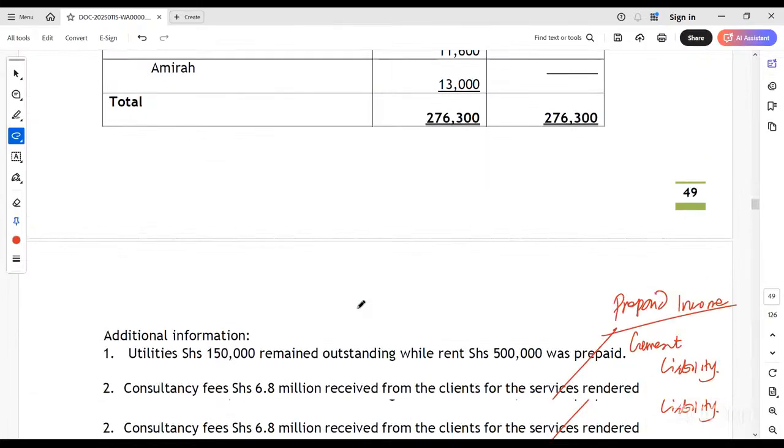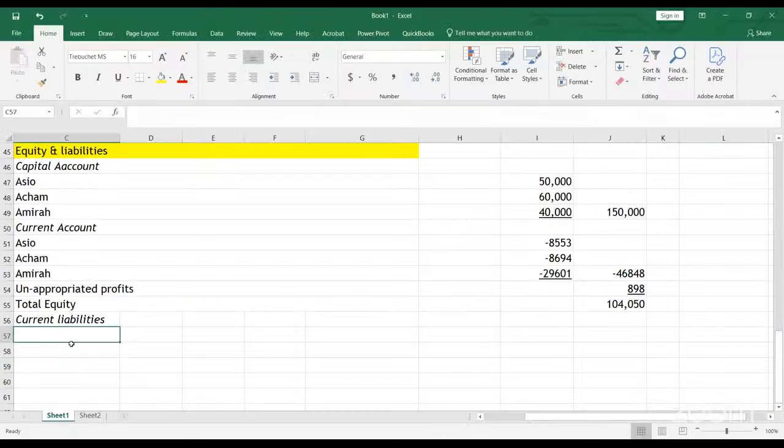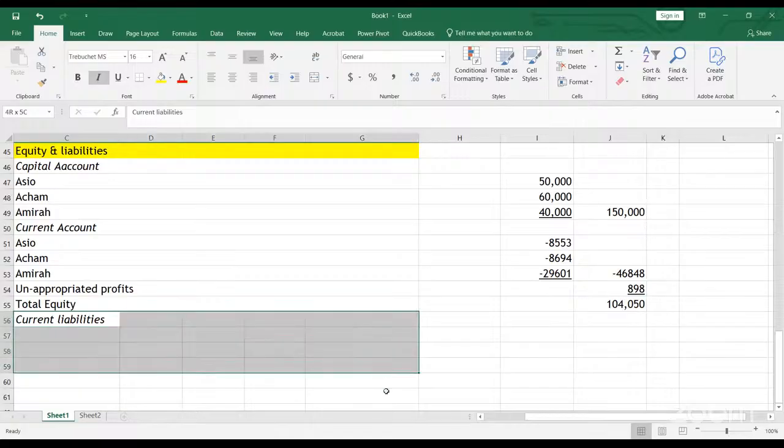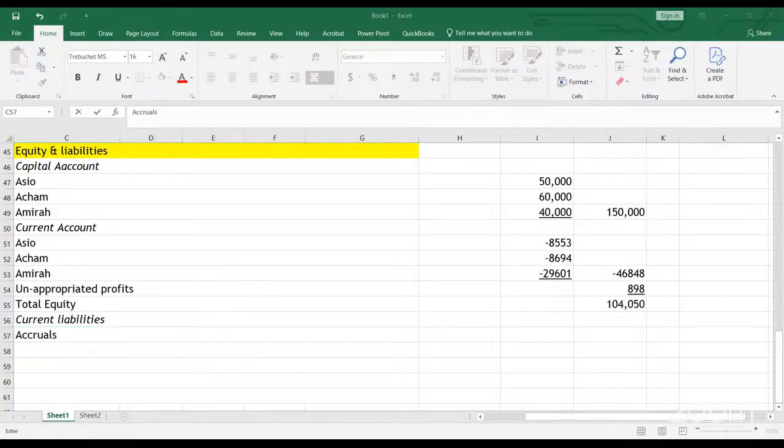First of all, we have the accrued expenses. Let me first put the utilities. We have some accruals, some accrued expenses, and those are current liabilities. So accrued utilities are how much? 150,000.